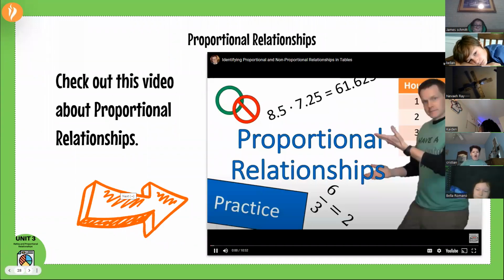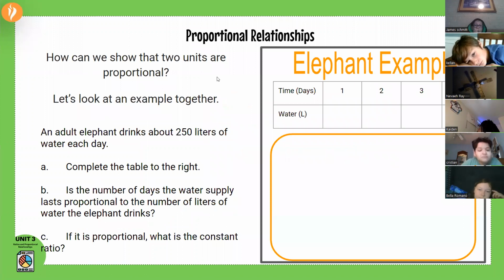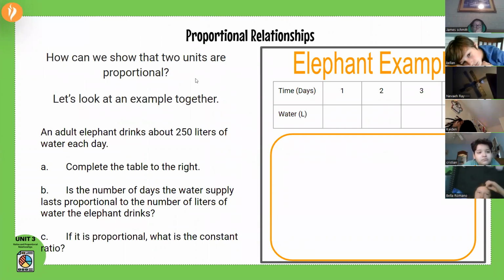All right, so how can we show that two units are proportional? Let's look at an example together. An adult elephant drinks about 250 liters of water each day. Complete the table to the right. So on day 1, the elephant would drink 250 liters, right? So after day 2, how many liters of water would the elephant drink?